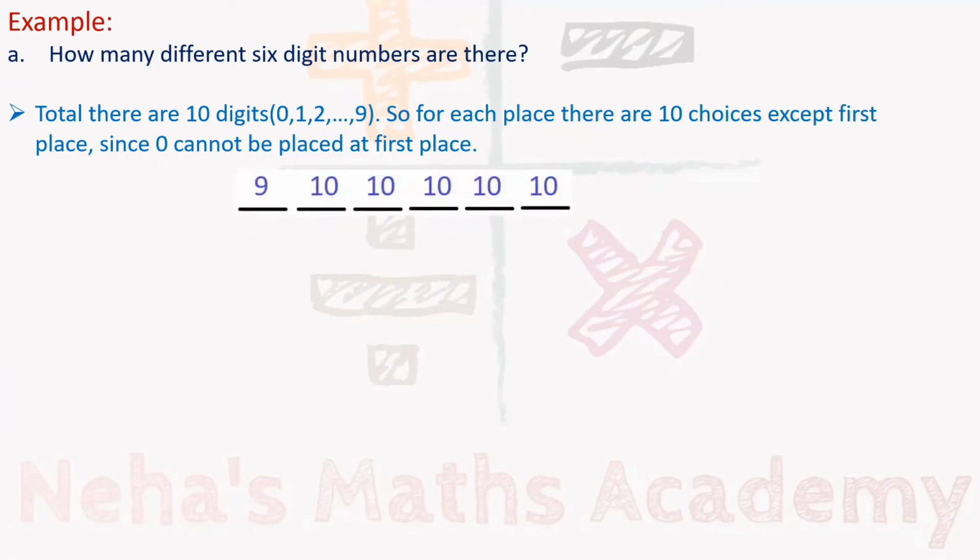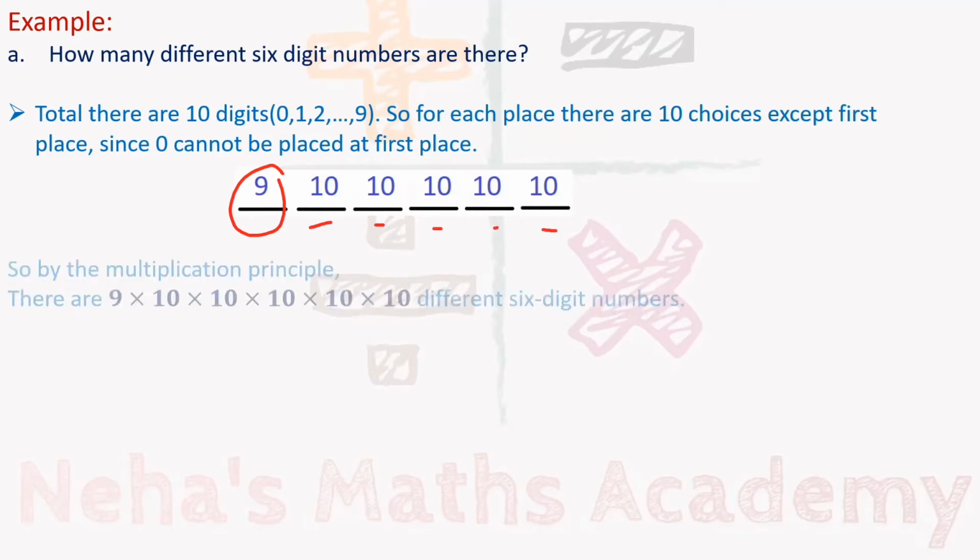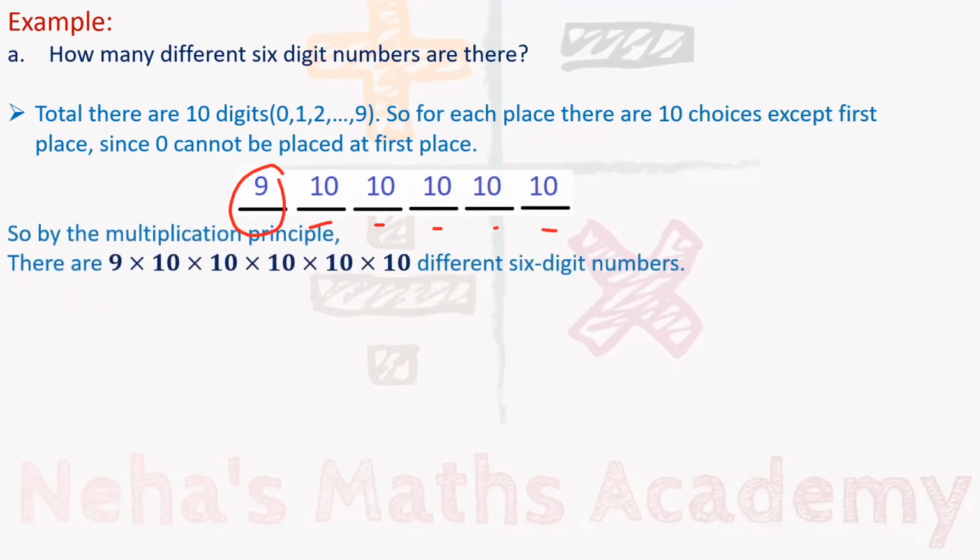So as you can see here, there are 9 choices for the first place because we can't place 0 there. And for the remaining 5 places, there are 10 choices. So by the multiplication principle, there are 9 into 10 into 10 into 10 into 10 into 10 different 6-digit numbers.